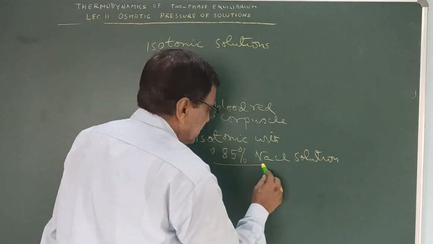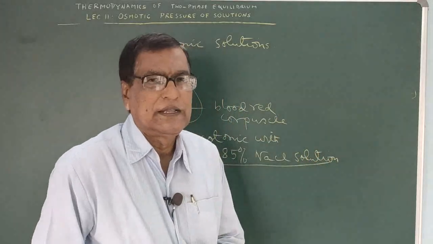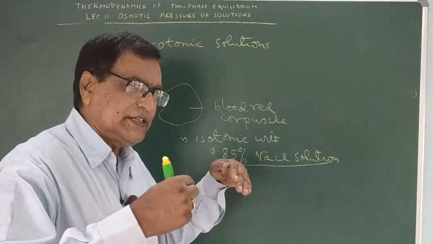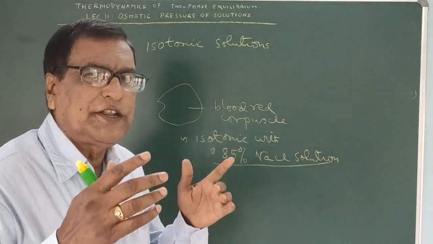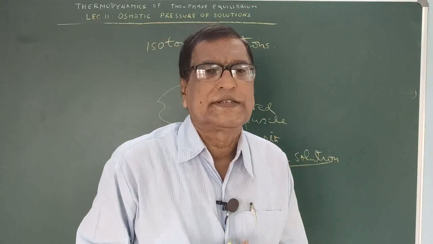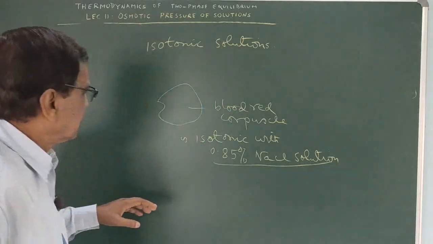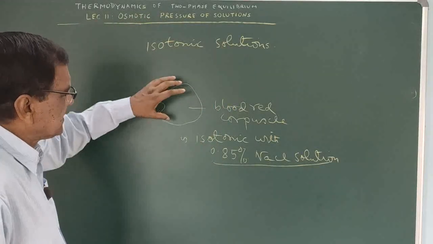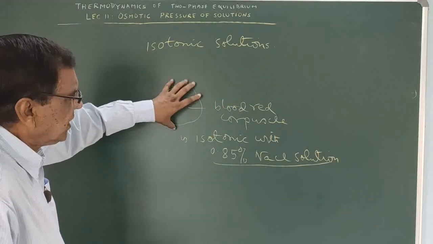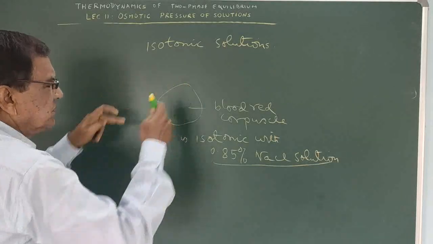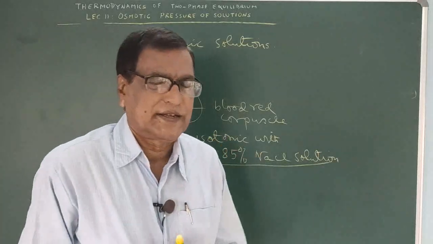So this solution is called normal saline, and it is injected intravenously into a patient when the patient is suffering from dehydration. This solution is isotonic with the blood cell, so the size of the blood cell remains intact.